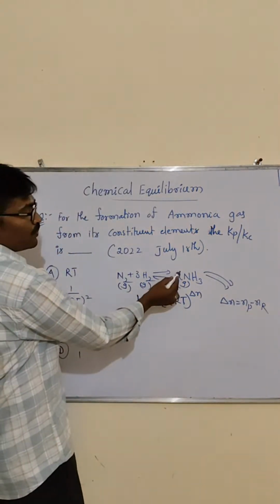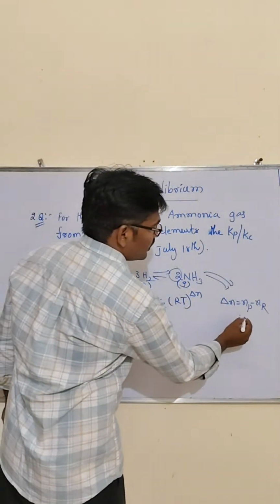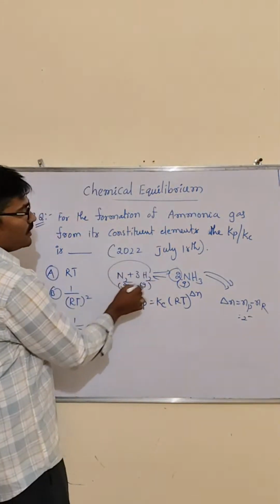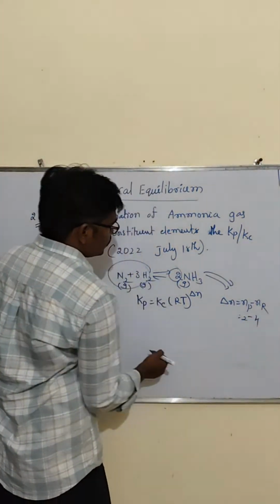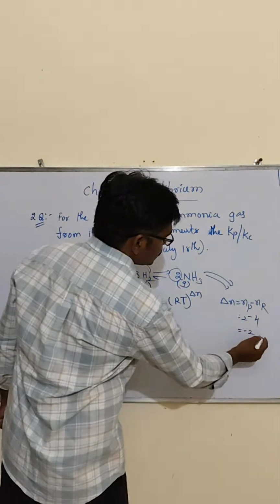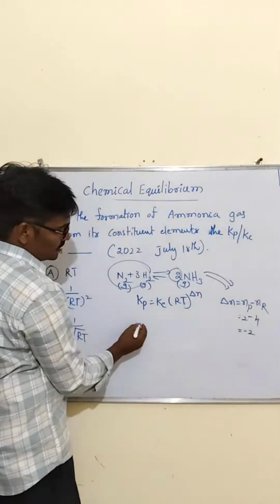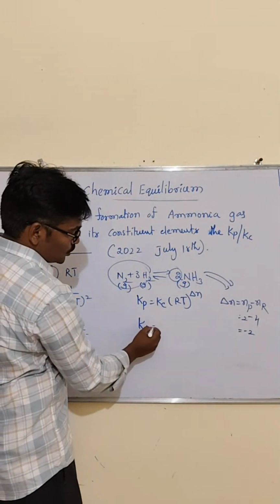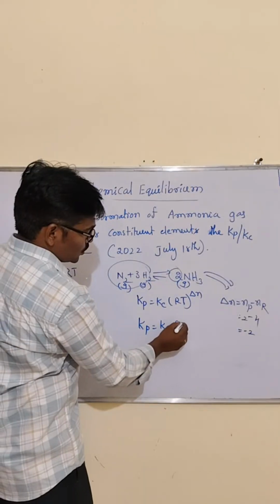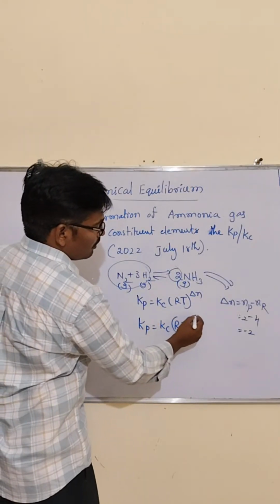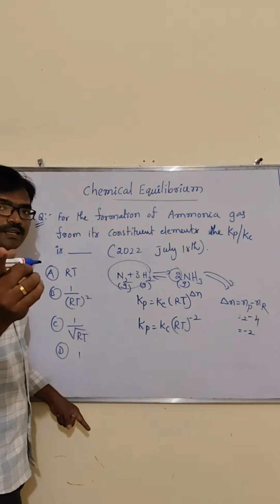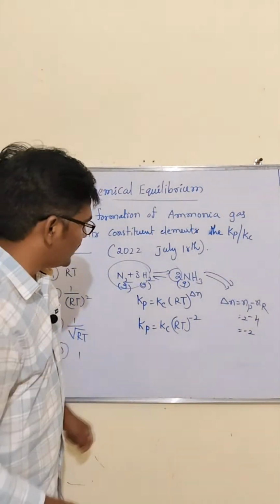Products, 2; reactants, 4. So 2 minus 4 gives minus 2. So Kp equals Kc into RT power minus 2. Understand, all of you, right?